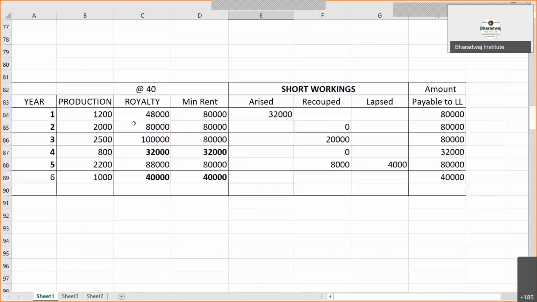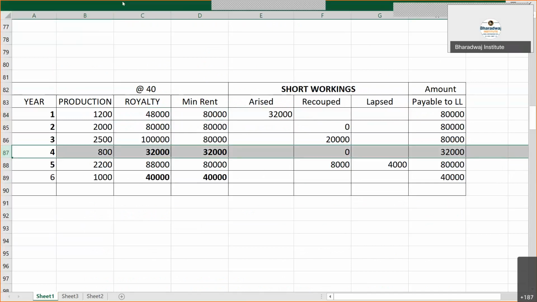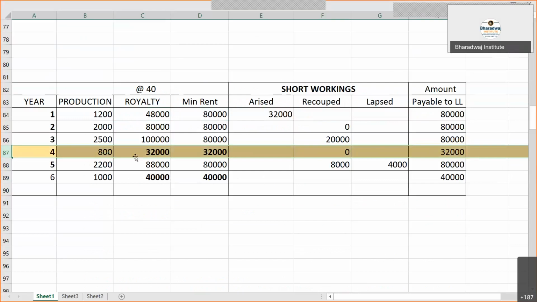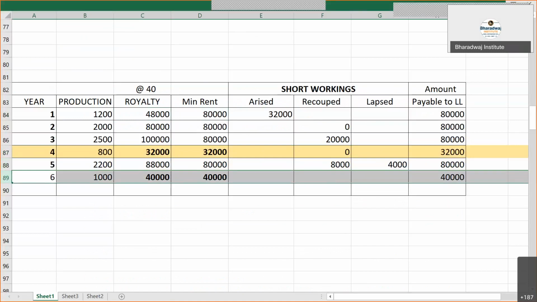If you look at 1,200, royalty payable is 40,000, minimum rent is 80,000. But when there is a strike, this royalty is taken as minimum rent. In the 4th year and 6th year, royalty will be taken as minimum rent.